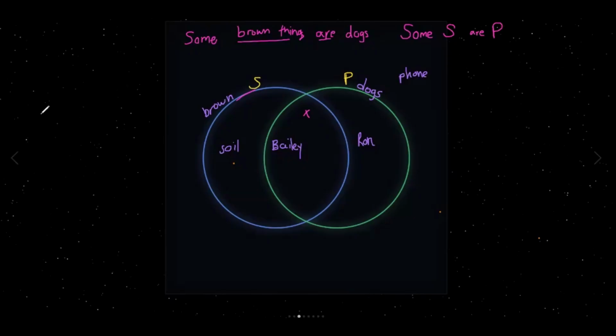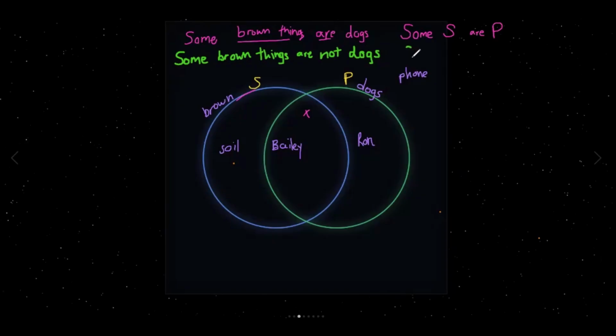And there's another sentence that I can say about this set of this world as well. I can also say some brown things are not dogs. As I'm writing this out with a mouse, which is notoriously difficult, think about where the X on the diagram will go if I'm representing this sentence.